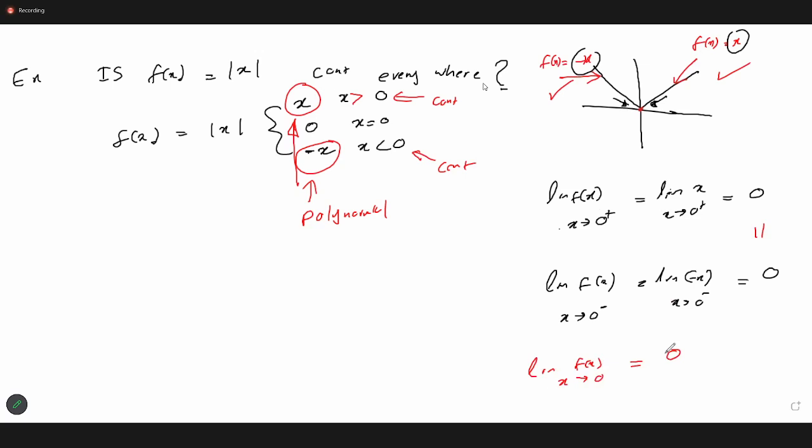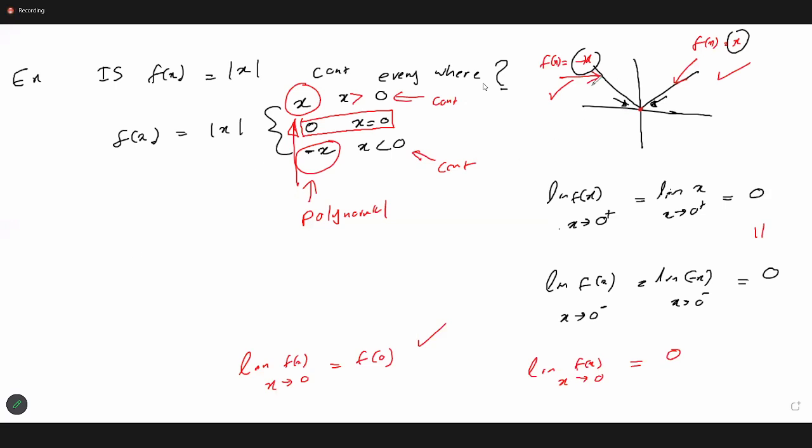And you know that according to the definition of the modulus of x, when x equals 0, that value is 0. So you can write again the limit of f(x) when x approaches 0 is equal to f(0). So this one is true.